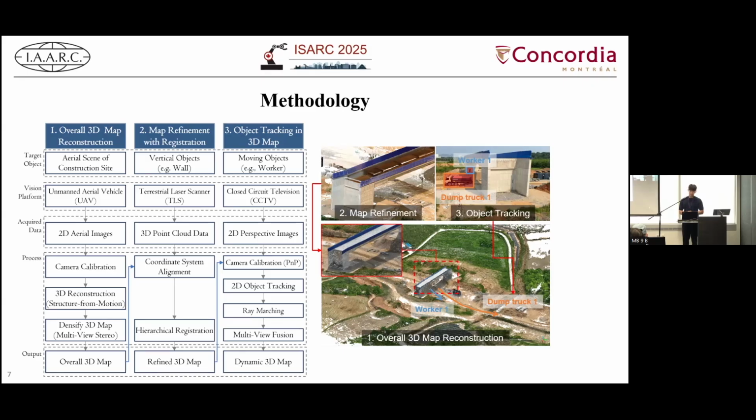And step 3 is object tracking in the 3D map. Moving objects like workers and vehicles are tracked using CCTV footage. These 2D object tracking results are then back projected into the 3D map to give the dynamic information to the map.